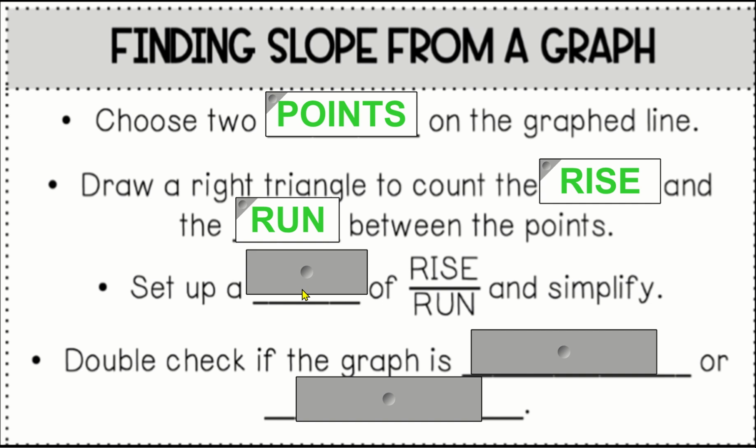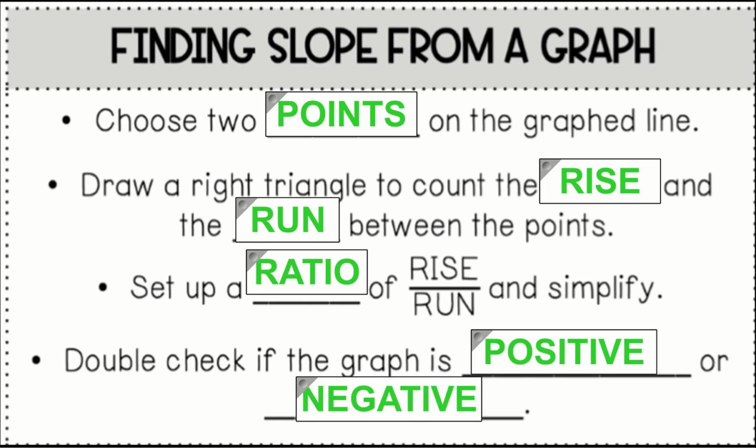Set up your ratio or basically your division problem there and simplify. So you get your rise over your run. The rise. You also have to pay attention or double check at the end if the graph is positive.